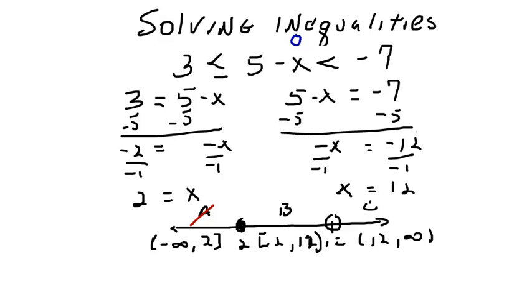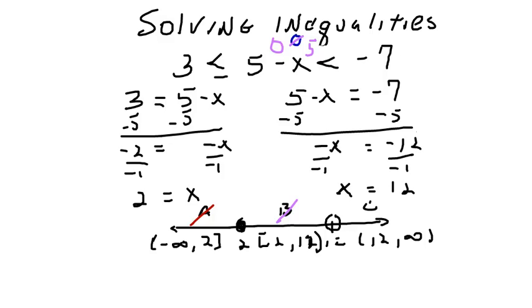So choosing 5 for that x, I now have 5 minus 5, which is 0. Well, 3 is not less than 0, so that domain does not work either.